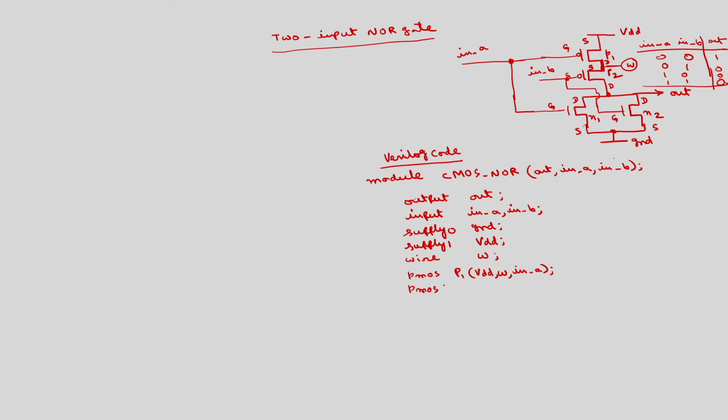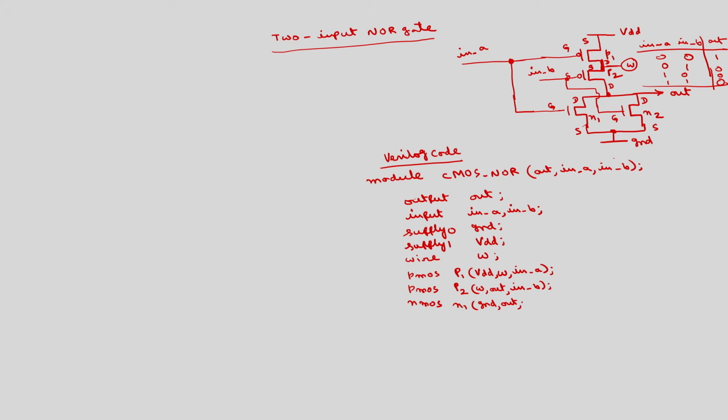PMOS P2, for P2 source is at W, drain is at out and gate is at in B. If I take NMOS N1, source is at ground, in both the cases these are ground and drain in both the cases will be output.